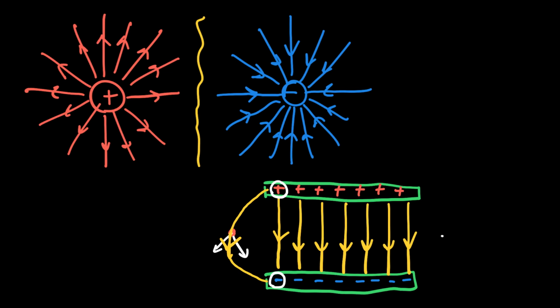And so if on the right side I drew another point, it would feel similar forces. Force of repulsion due to the positive charge and attraction due to the negative charge, which would give me a downward force. So everywhere inside the two plates, the electric field is uniform, and outside the two plates, that's not the case.